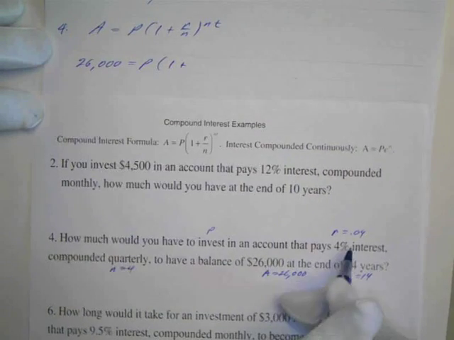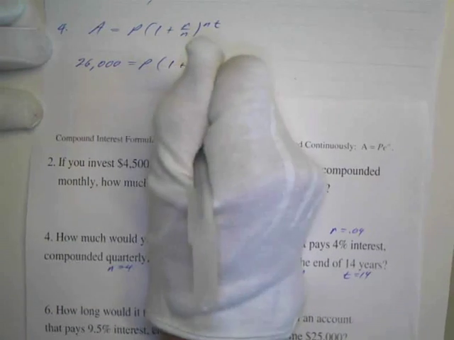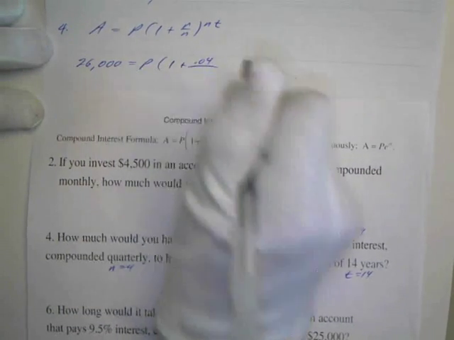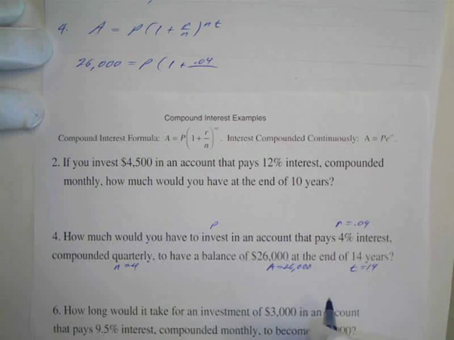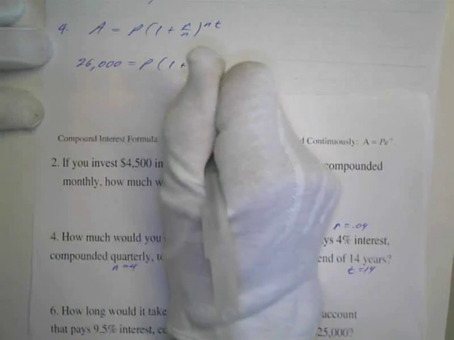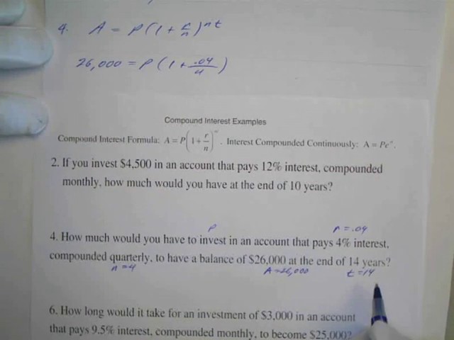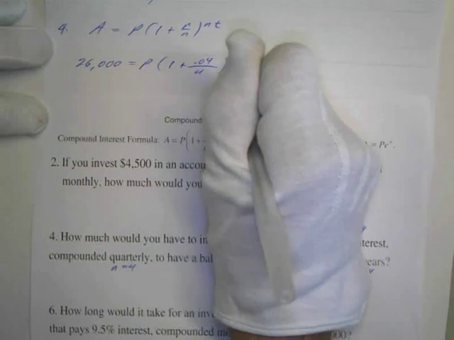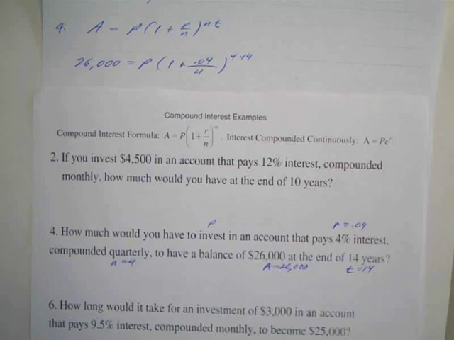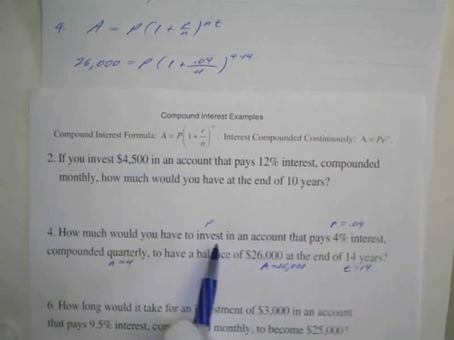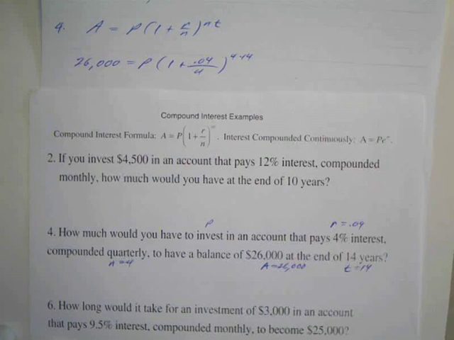Now r is 4% or 0.04, divided by n, which is 4 because it's compounded quarterly, and to the nt, which is 4 times 14. All right, so I think I got my data in the formula correctly, and I'm looking for the principal.